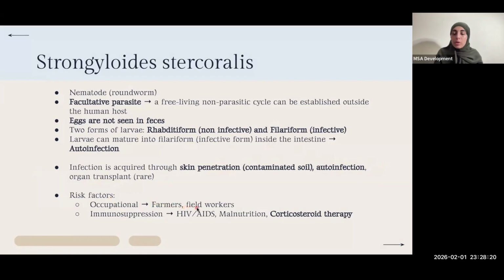Someone who works as a farmer or field worker because they may be exposed to contaminated soil. And also someone who's immunosuppressed like HIV, AIDS patients, malnutrition, and corticosteroid therapy. And Dr. Mohabbat emphasized corticosteroid therapy as a key hint in questions. So I would remember steroid therapy for strongyloides, just in case.